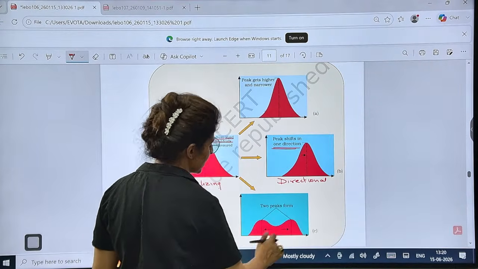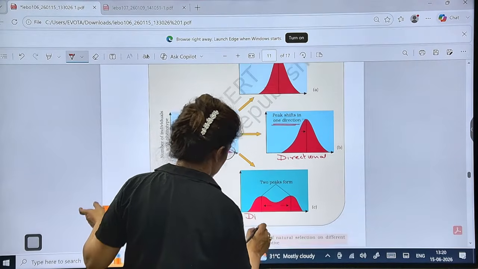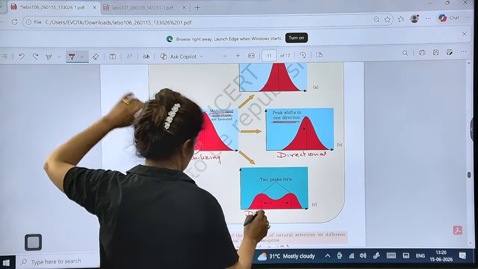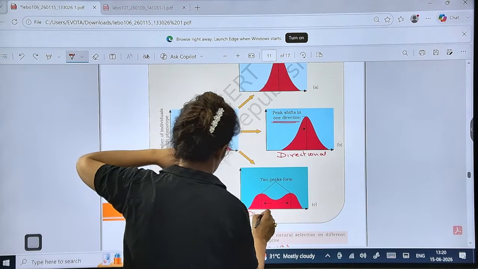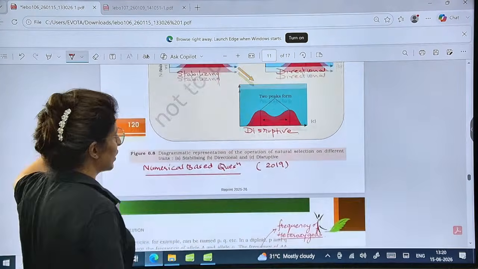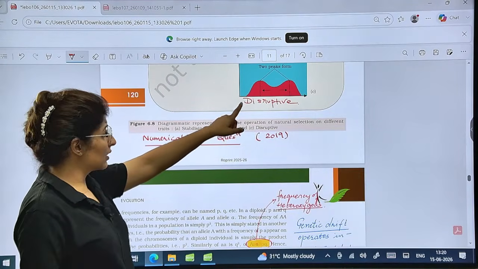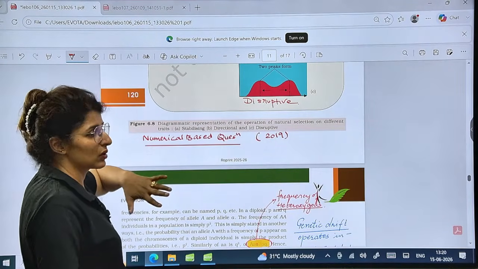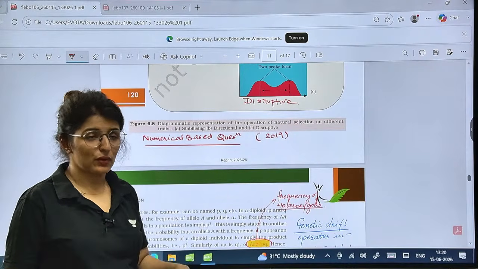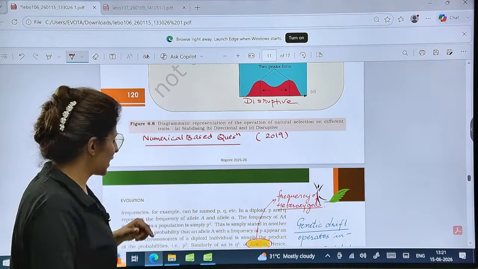When there are two peaks and both the extremes are favored, this is called disruptive. Is that clear? So be sure that you are able to identify these, and on this concept we get some numericals also. You will be given 3 values and you have to find out on the basis of the percentage of the values whether they belong to the disruptive type, the stabilizing type or the directional type.